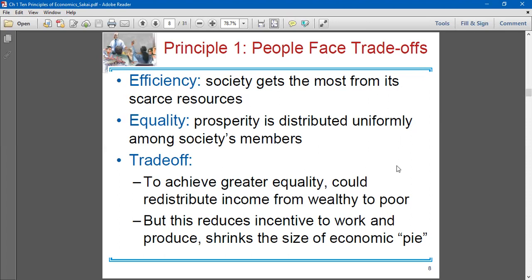Now, income inequality is one issue that almost every government tries to fight against. They don't want inequality, but for you to get equality, you can use something like tax.